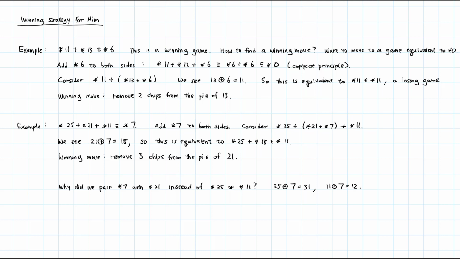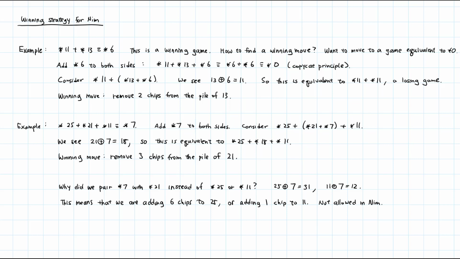So if we pair the 7 with the 25, then *25 becomes *31, meaning we are adding 6 chips to the pile of 25. Or in the second case, we are adding 1 chip to 11, and these moves are not allowed in nim.